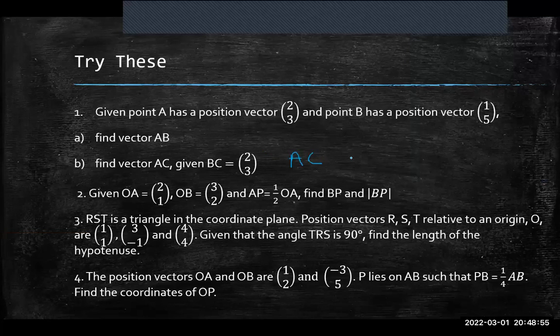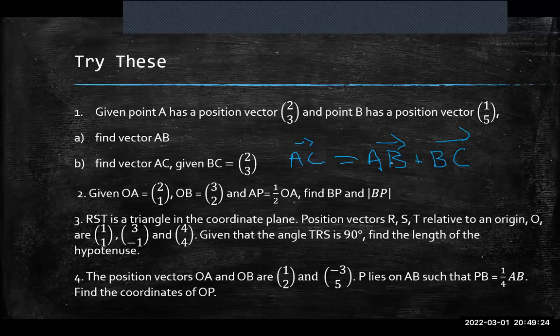Anyways, AC is going to be equal to AB. Remember, I must start with A. And because this vector ends at B, my other vector must start with B. So BC. AC, the letter at the beginning is A, the final letter is C. So this is what we're working with, right?